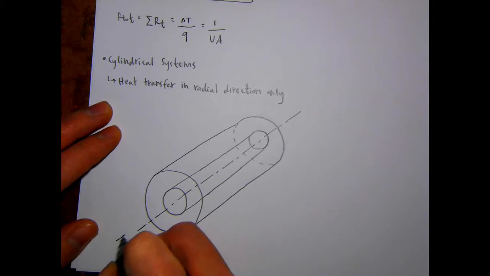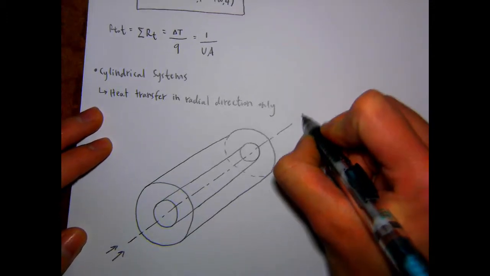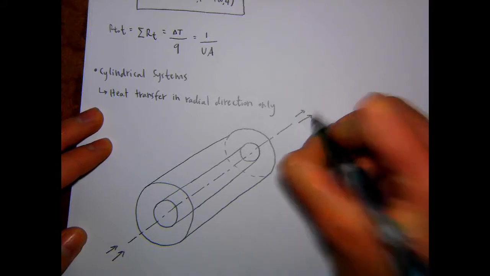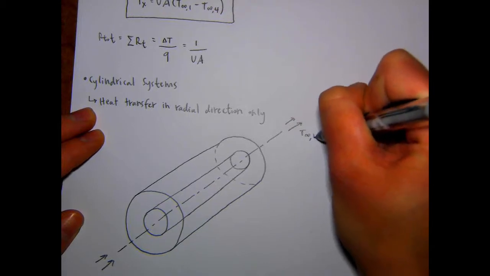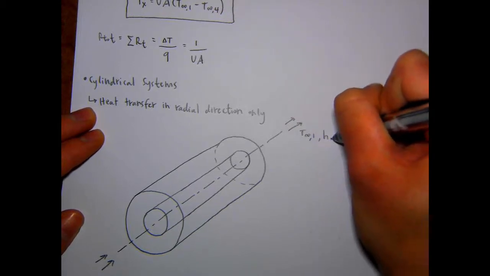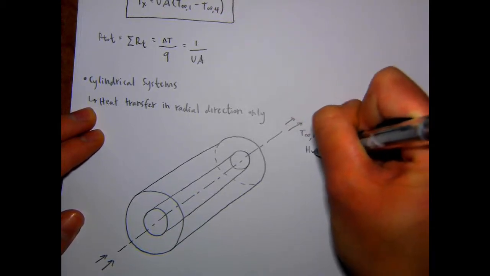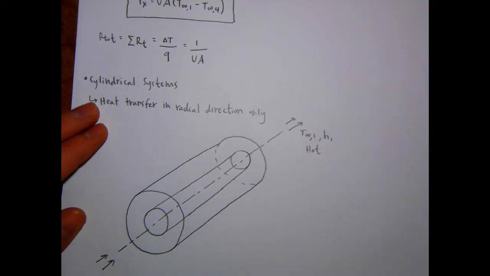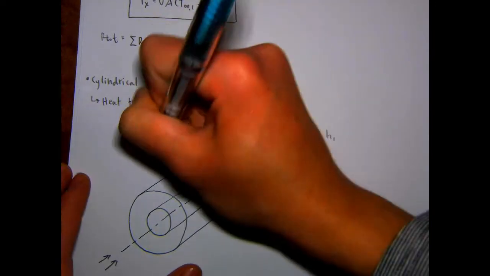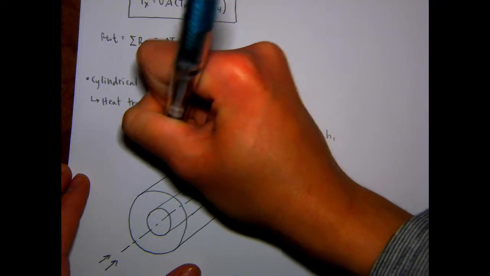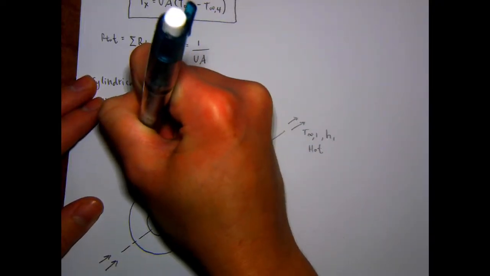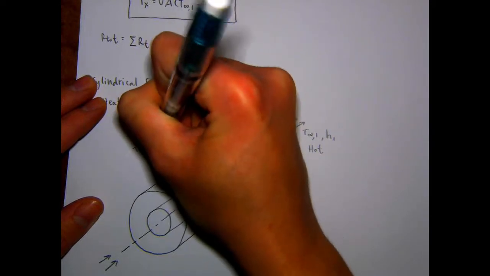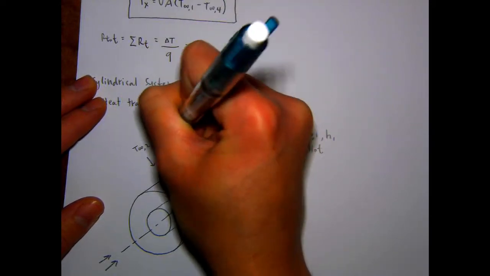So now flowing through the center, we have hot fluid that is at a temperature T infinity 1, with a heat transfer coefficient H1. And then flowing over, perpendicular to the cylinder, there's a cold fluid, which is temperature T infinity 2. H2 is the heat transfer coefficient.